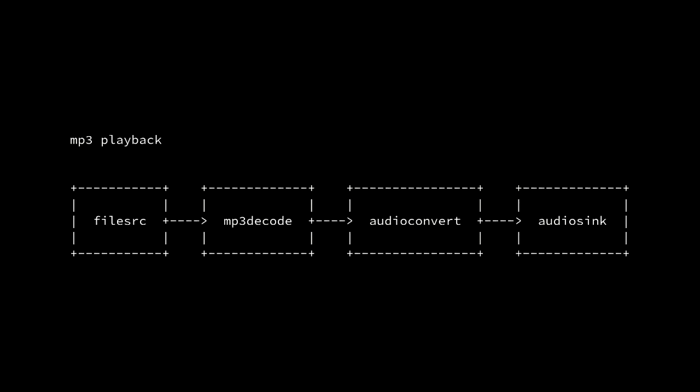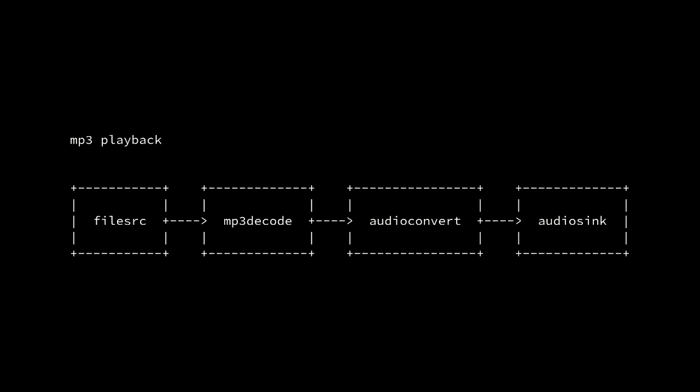So if you wanted to play back an MP3 file, what you might do is use the file source element, which will read data from the file system, provide that to an MP3 decoder element, which will wrap some MP3 decoding library, decode those MP3 frames, provide PCM data, which you might want to convert using the audio convert element into whatever format can be played on your system.